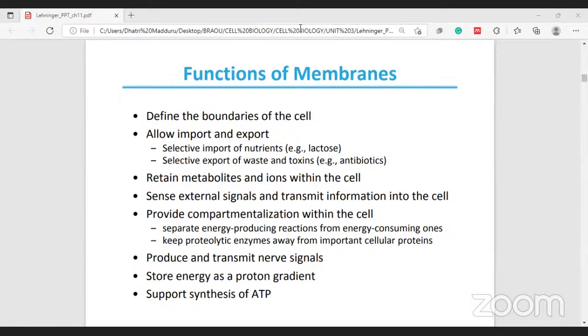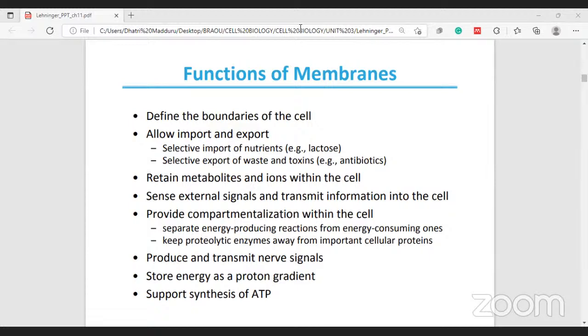At the same time, we also have proteins. Then there is definitely a chance that these proteolytic enzymes, which cleave proteins, can act on the self proteins. But that is not happening. This is because the membranes are separating these two components. And even energy producing reactions and energy consuming reactions are also separate.